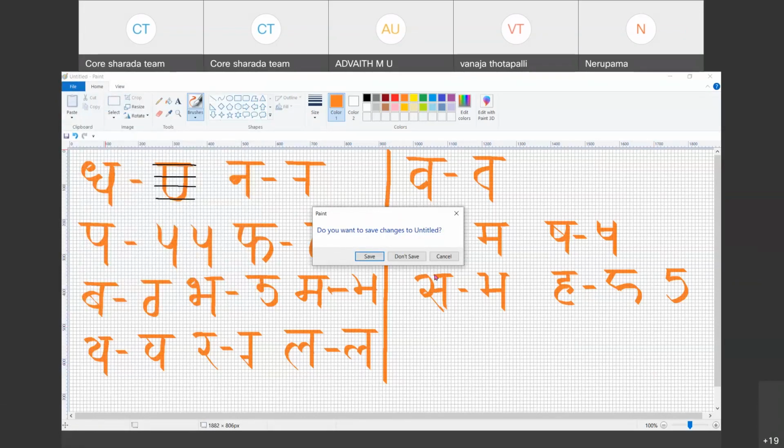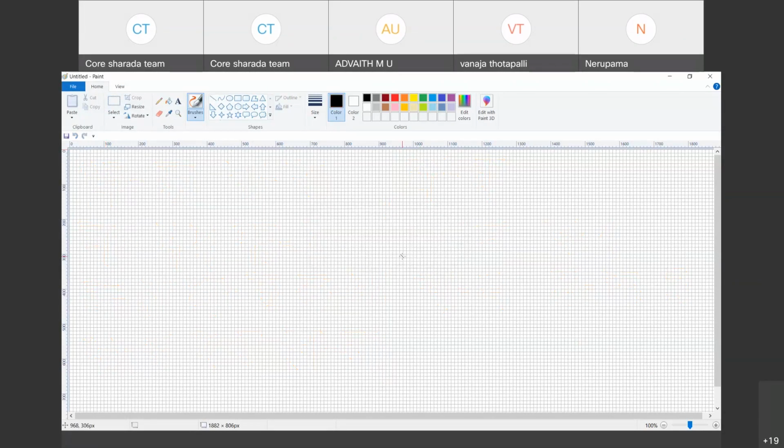Okay, so I'm going to erase this. So now today we are going to learn the Sanyukta Akshar. You all must be aware of these three Sanyukta Akshar in our Varnamala. That is, going to write it here.